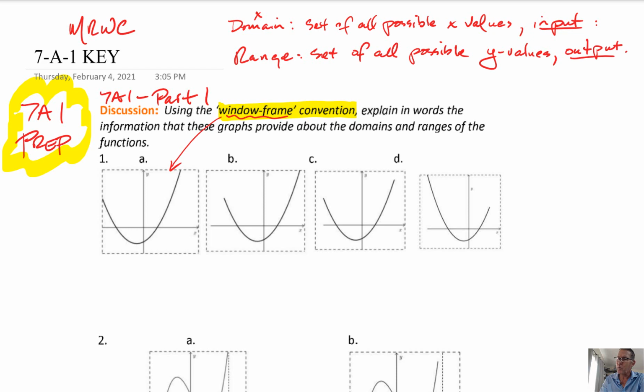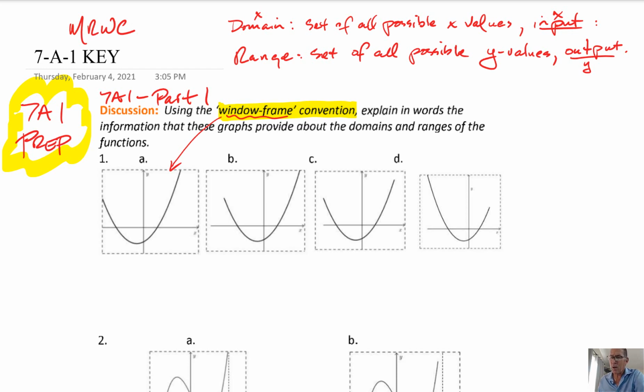So the output is the y value, and the input is the x value. Whatever you put into the function is the domain, and whatever you get out of the function, typically a y value, is called the range. Keep that in mind, because these have to be understood. It's a major concept in this section.